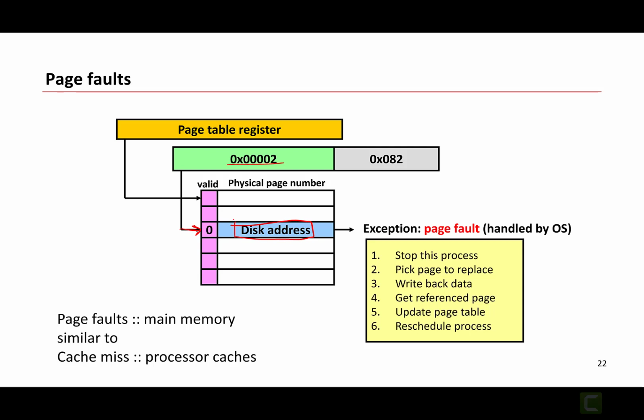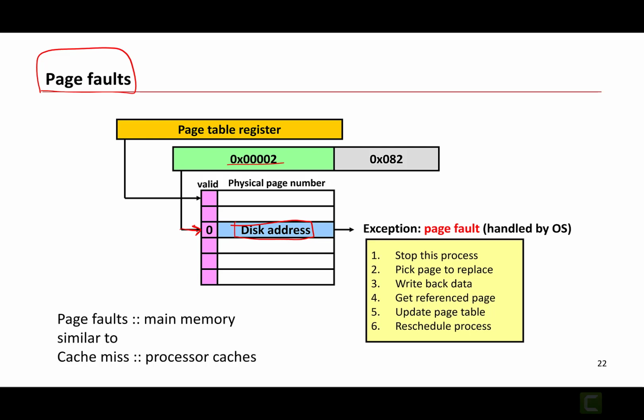And this raises an exception to the operating system. This exception is called the page fault exception. And this exception handler would be a software routine that runs to go and figure out the position on the swap partition for this disk address and then grab data from there.